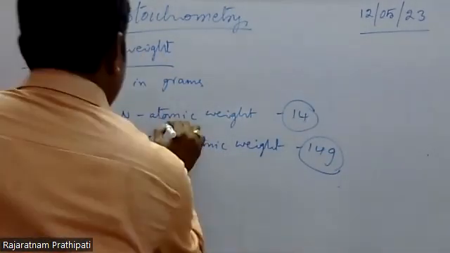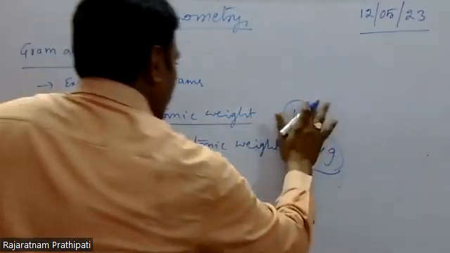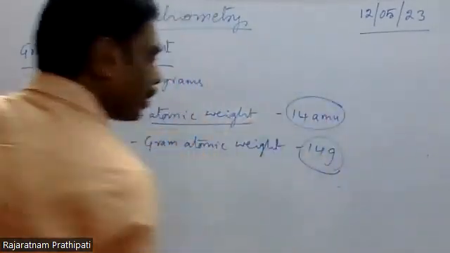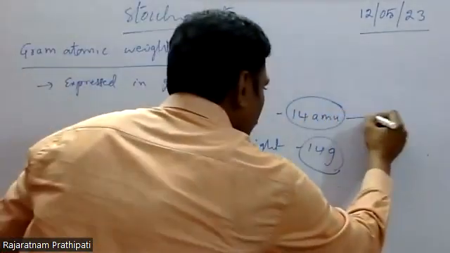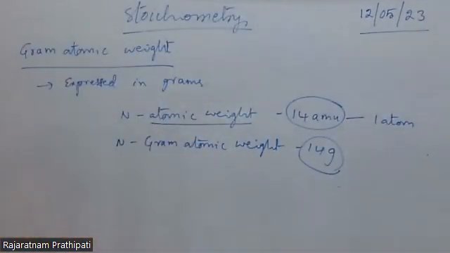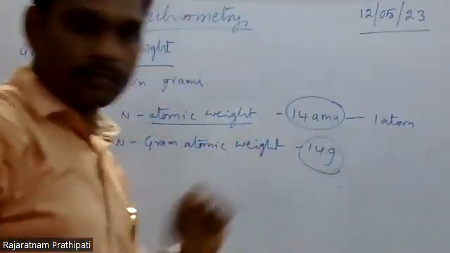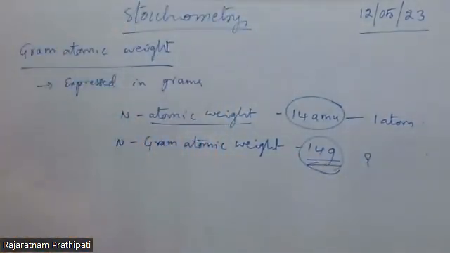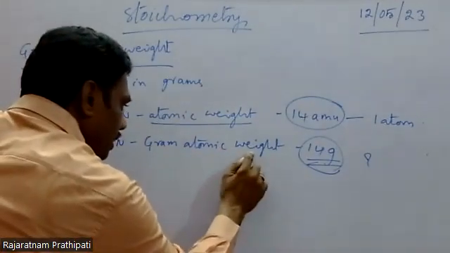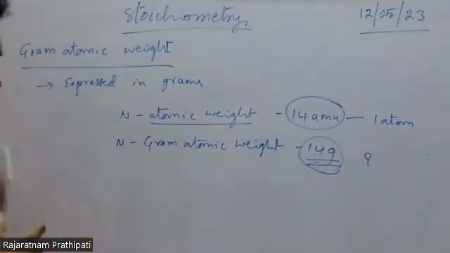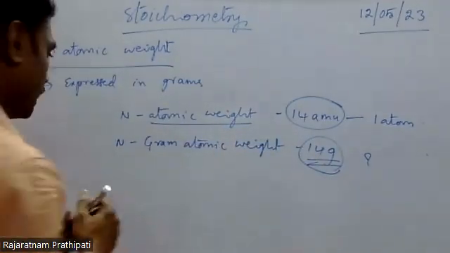Here, look at this atomic weight. This is 14 AMU. 14 AMU contain one atom. Now, 14 grams contain how many atoms? Look at this. Gram atomic weight is the atomic weight expressed in grams, and we can define it in another way.